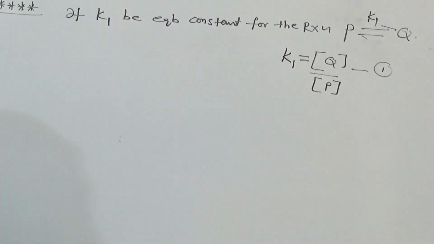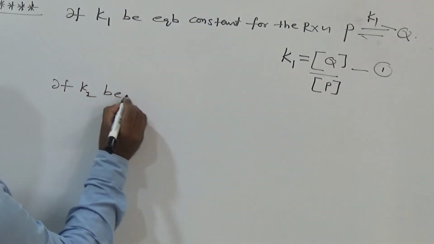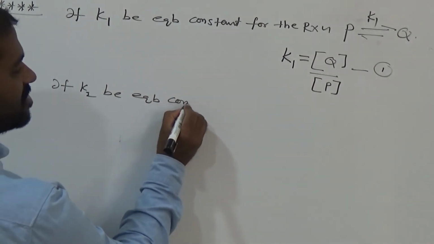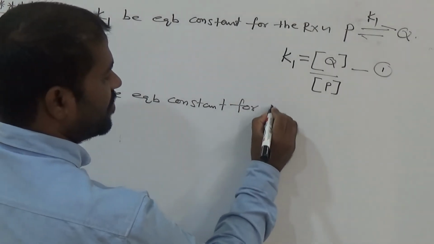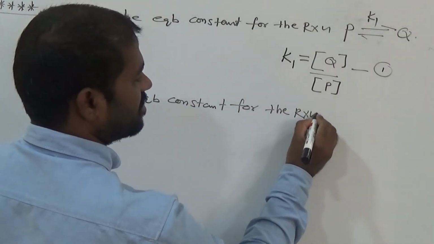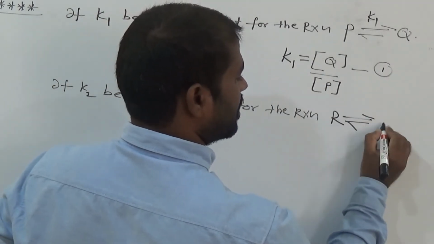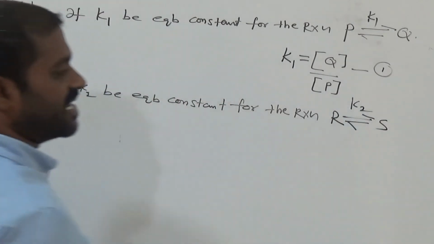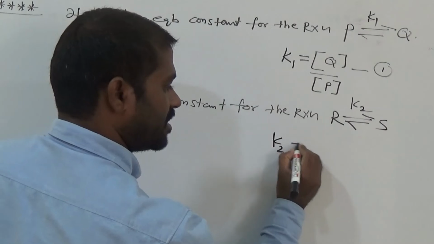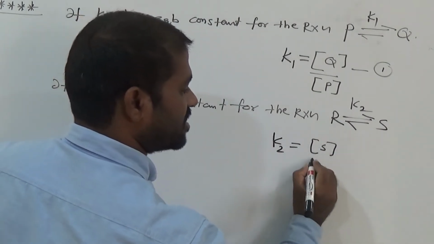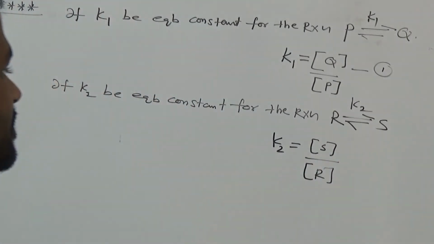Taken as 1. If K2 be the equilibrium constant for the reaction R reversible S, where equilibrium constant is taken as K2 for this expression, so write K2 equals molar concentration of S by molar concentration of R. Am I right?